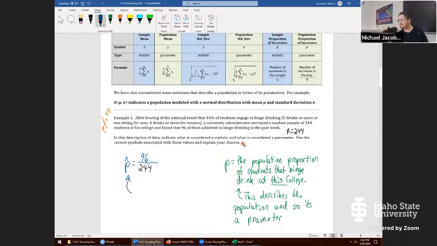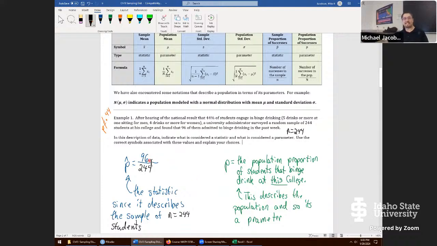Let's say here, this is the statistic since it describes the sample of n equals 244 students. What we did, folks, is break down this problem, finding the statistic, finding the parameter, which is a little bit harder.